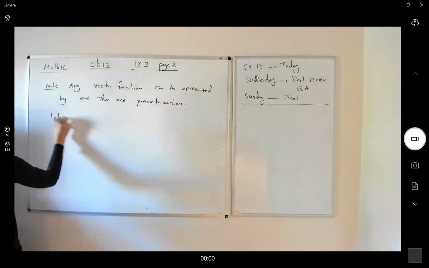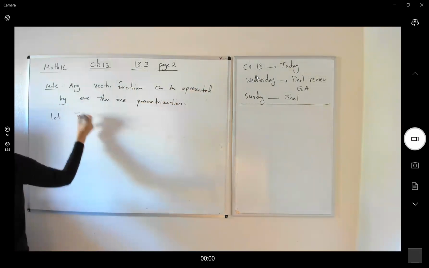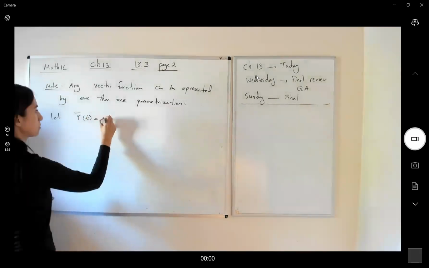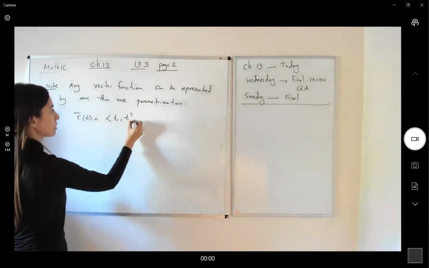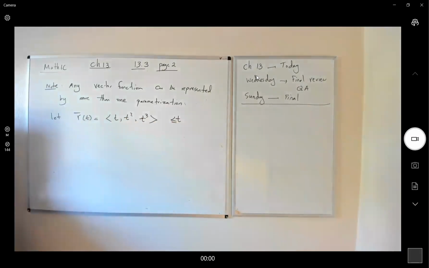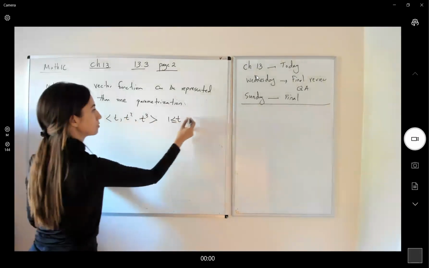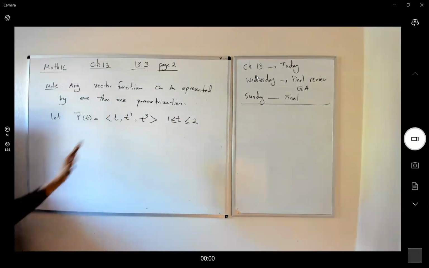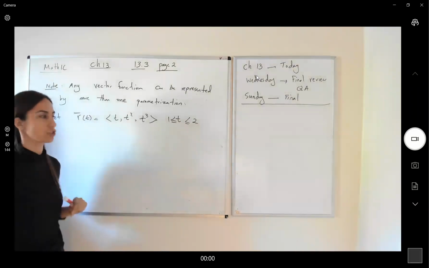Let R of t be given as t squared and t cubed. t ranges between 1 and 2. So here's a question.